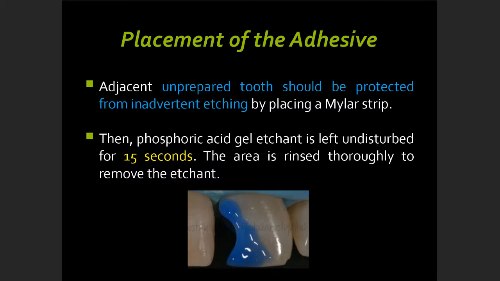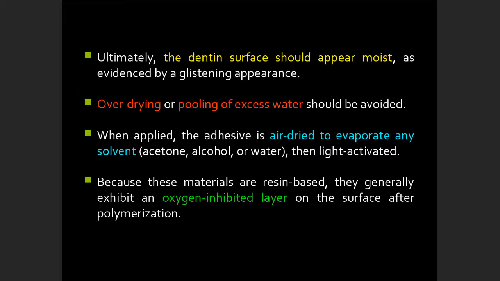You already know the advantages of applying the etchant and how much time it needs, as we have already discussed in the previous topics. After you apply the etchant for 15 seconds, you have to wash it thoroughly. Ultimately, the dentine surface should appear moist, as evidenced by the glistening appearance.